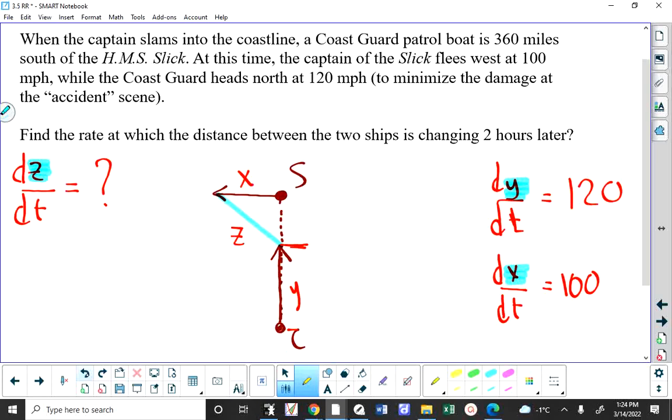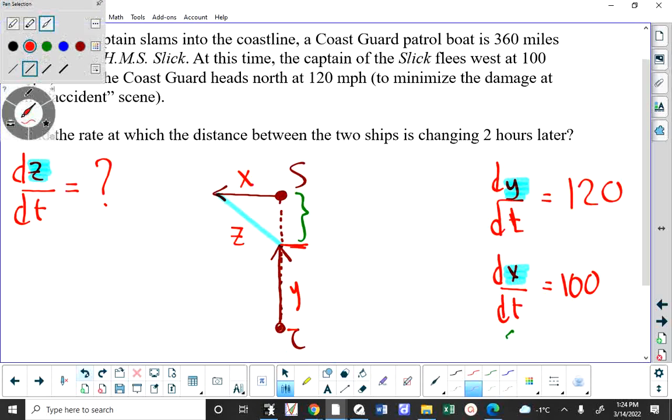Because this is not y. Your triangle, the Pythagorean triangle, is this. That's the Pythagorean triangle.